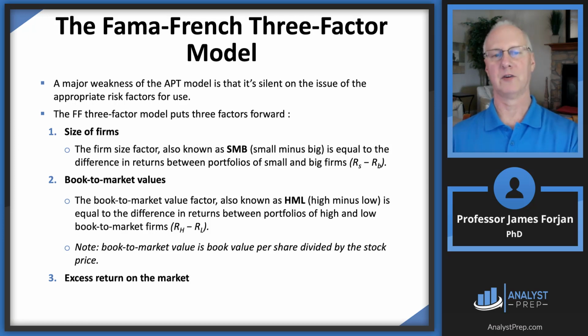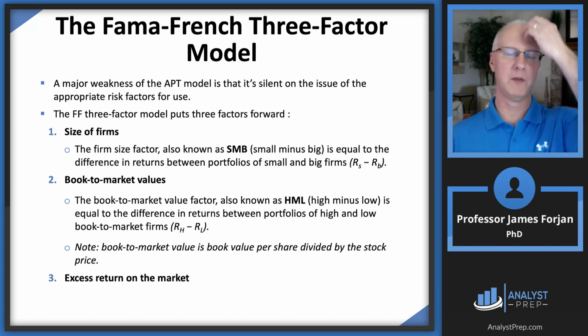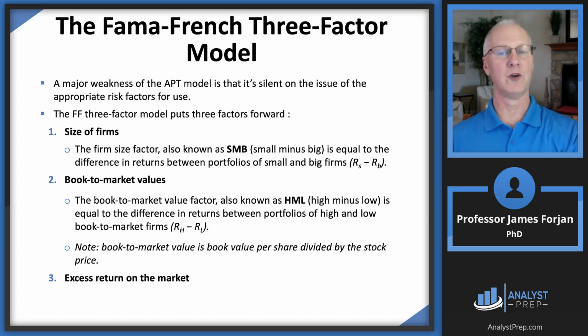So here are the factors there. We're going to start with this size. And so what this premium is, it's going to be the difference between the returns to small firms and the returns to big firms, because what was known then, at some point, academic researchers found that small firms tend to outperform large firms, even in a risk-adjusted environment.